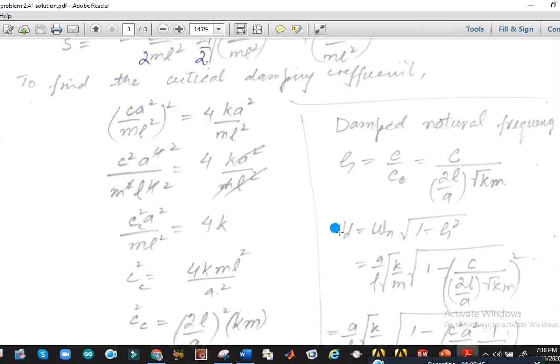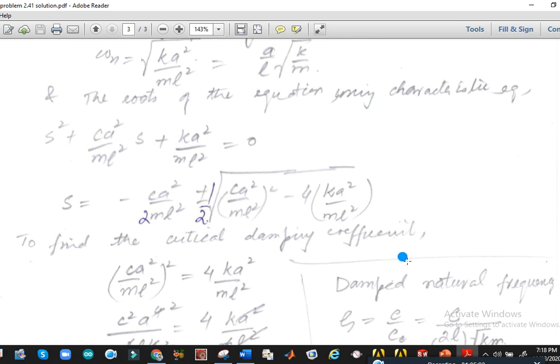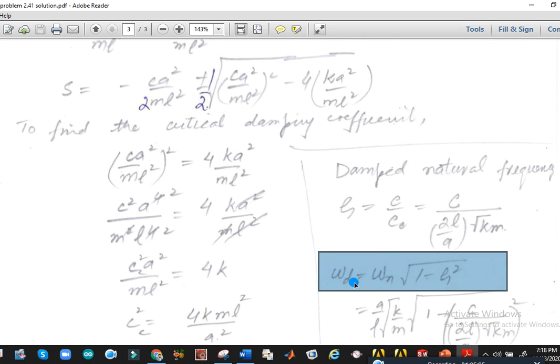Some of the students will be asking a question: sir, why have we taken the damped natural frequency formula as omega d equal to omega n times the square root of 1 minus zeta square? Please keep in mind, all bridges are always designed in such a way that they are critically damped, and we do not want any oscillation from the designed system.